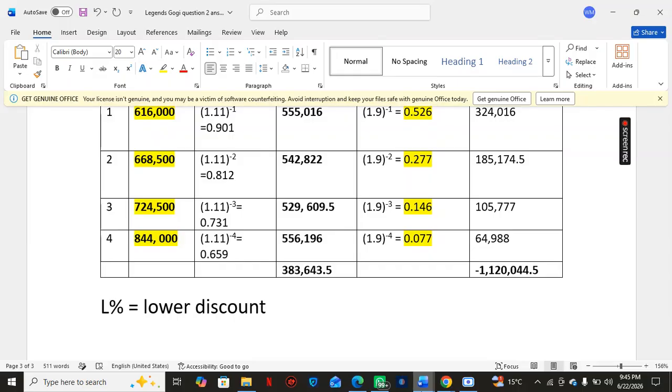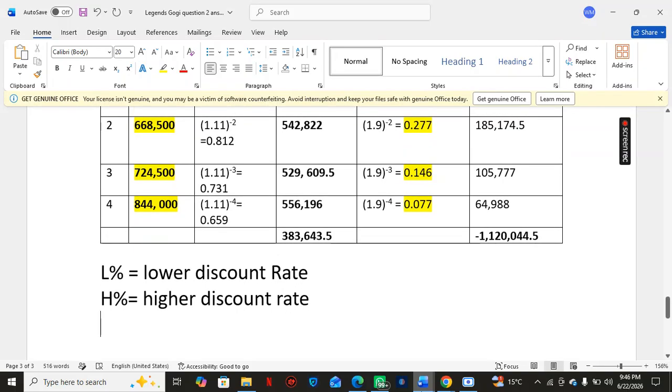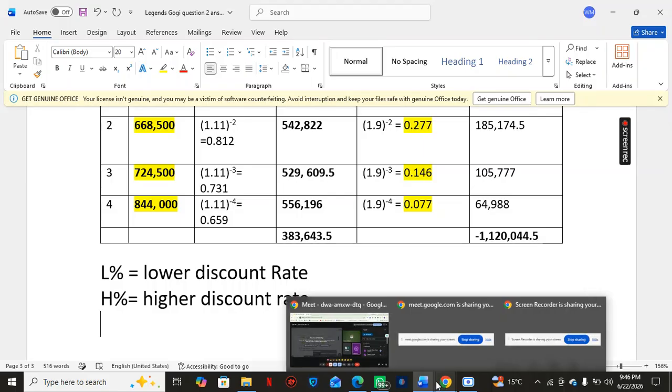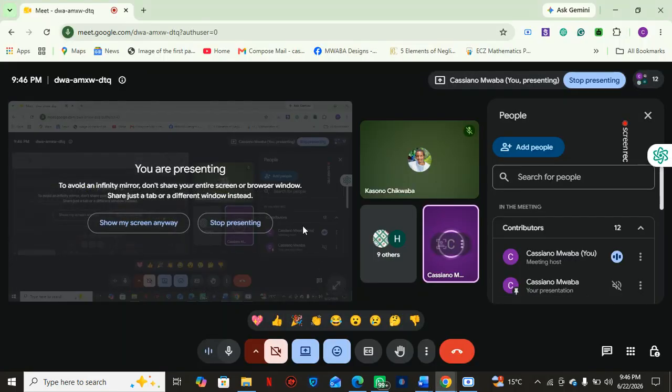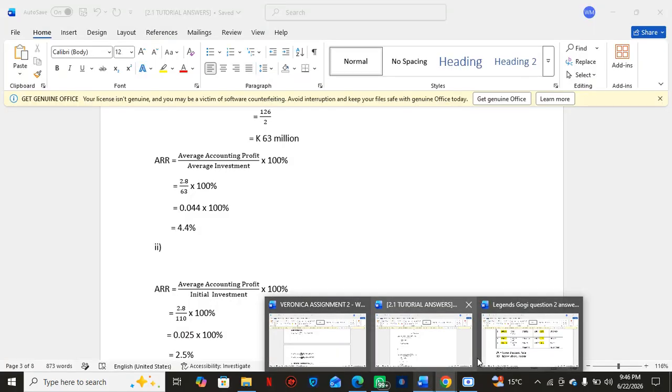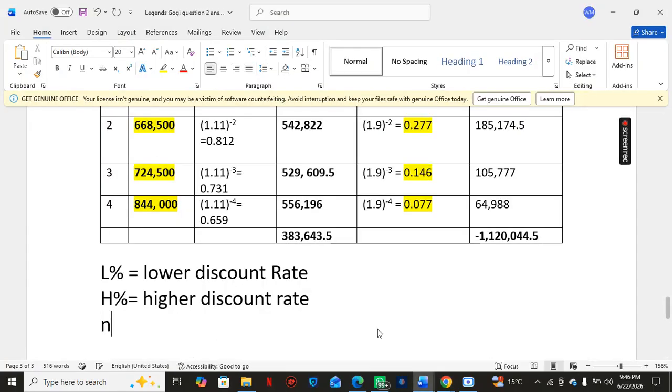So we need to remember these symbols for the discount rate. There are many ways this formula is shown. Which one does your lecturer use, the AB, the HL? Which one does he use so that we are not getting confused here?